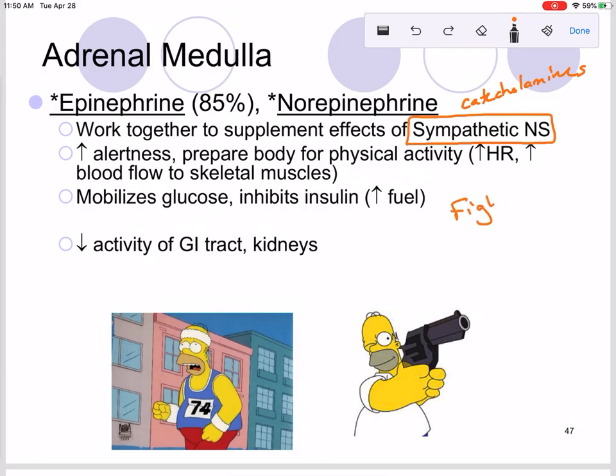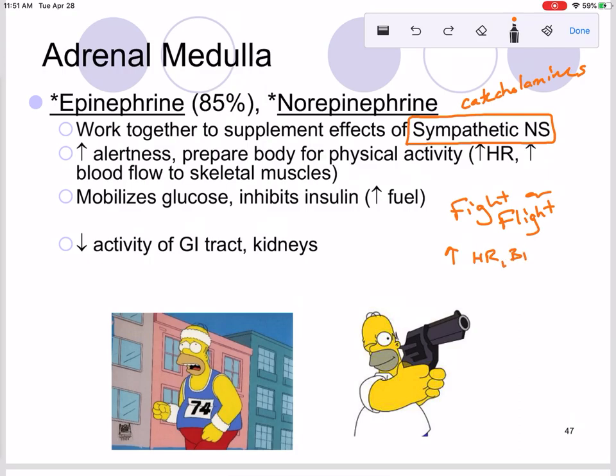Think about epinephrine and norepinephrine as functioning to increase our sympathetic nervous system response. This is our fight or flight. So no matter if epi and norepinephrine are released as hormones or neurotransmitters, their function is basically the same. There's a couple slight differences, but for our purposes, we're just going to say they're the same.